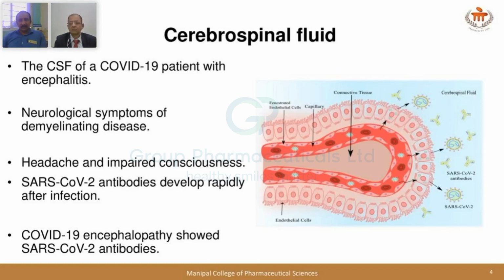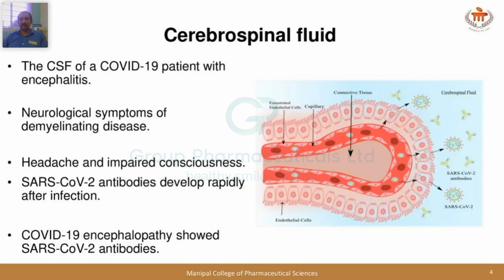And another problem is that, with the incubation period of SARS-CoV-2 virus being about the first 5 days, there might be chances that the viral load present in the CSF is too low by the time the neurological symptoms appear, because the neurological symptoms appear after some days.